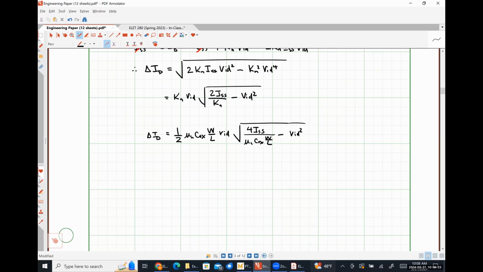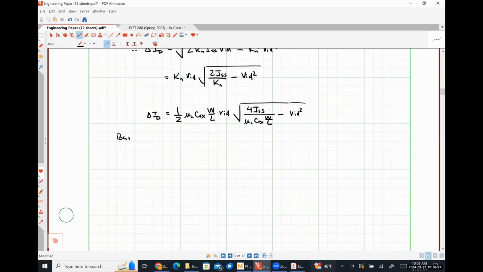So let me write this out. Based on this equation, it appears that delta I_D approaches 0 as V_ID squared approaches 4 I_SS over mu_n C_ox W over L, right?